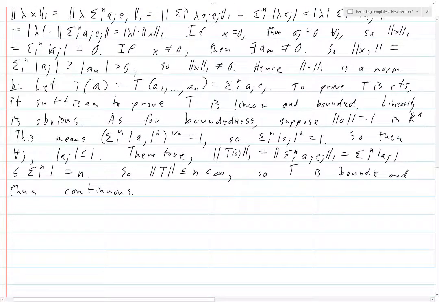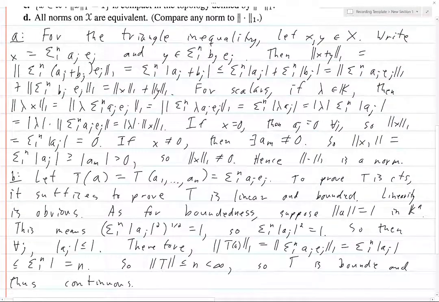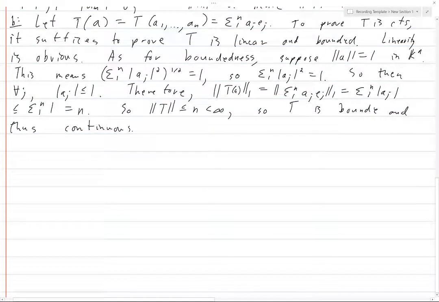We want to prove that this set, the set of all x in X such that the one norm of x is 1, is compact in the topology on the one norm space. So let's do part C. Let K be the set of all A in Kn such that the sum from 1 to n of the norms of Aj is equal to 1.